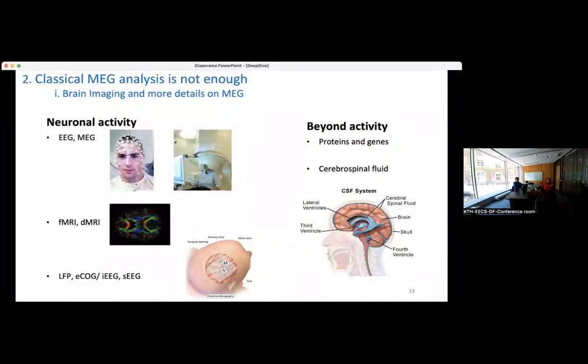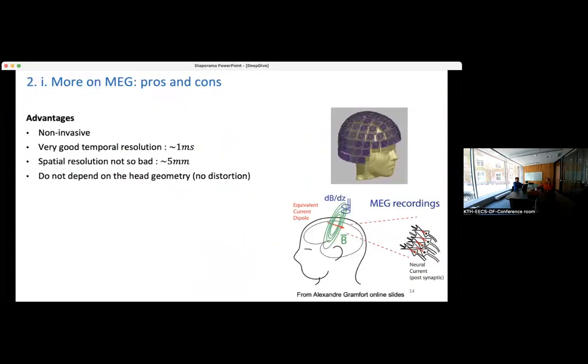But what I will focus on is mainly images, so I will go a bit more into detail on this method. As I just said, it has a very good temporal resolution, about the millisecond, which is good because for neural activity, we know that the spikes, the electric pulses that the neurons use to communicate, are of this order of magnitude.